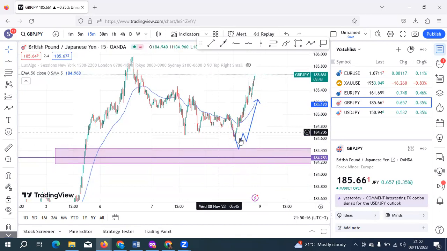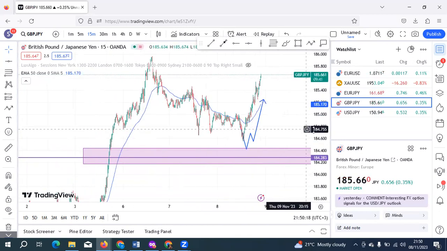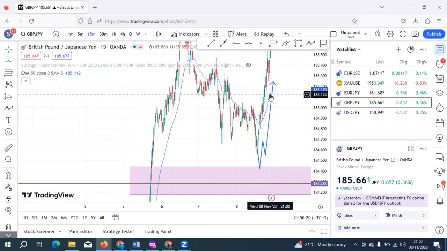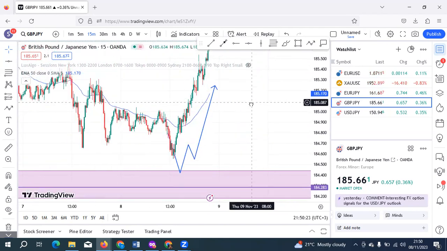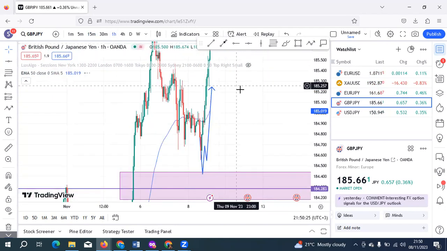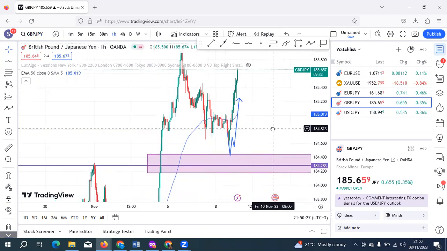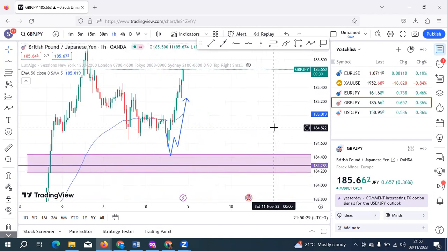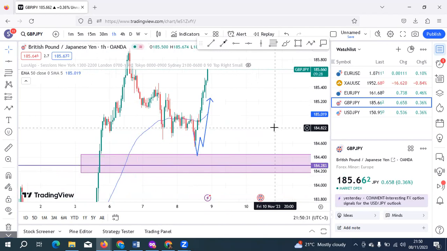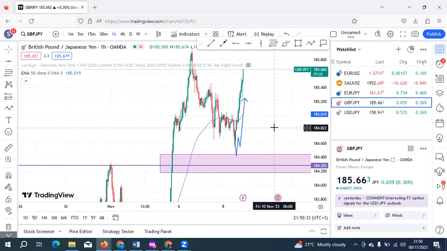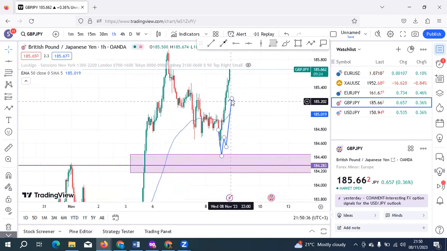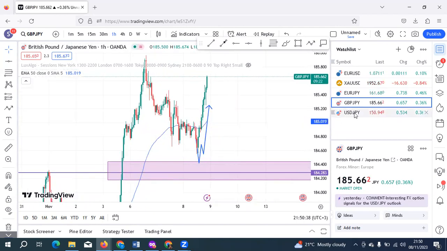USD JPY, I was looking for it to chart my 618 level, but decided that the level is a little bit far, man. So it didn't come. But maybe it will come.